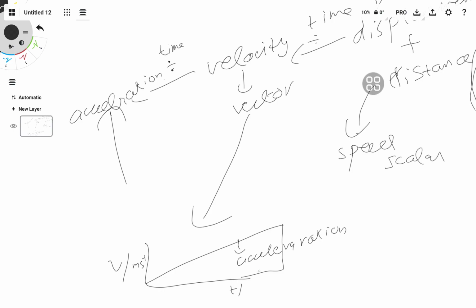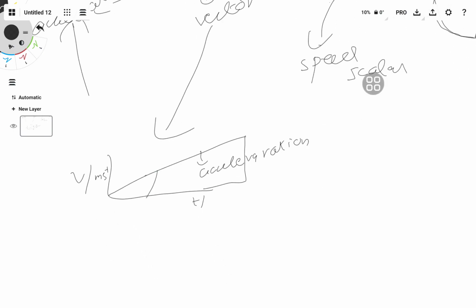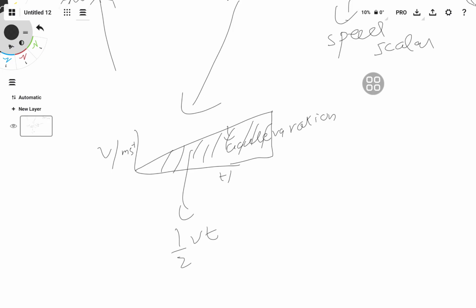The area under the curve is not meaningless here. It means displacement. Let's say this is a triangle, so 1 over 2 v multiplied by t, which is 1 over 2 base times height. We will get displacement.